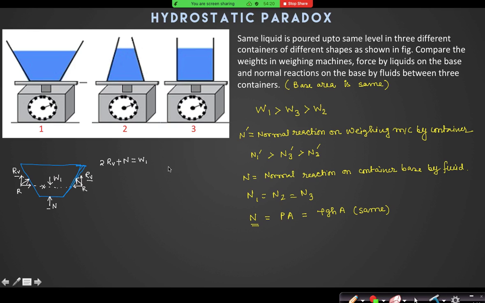Just like the second figure, if you draw the free body diagram of the second liquid, what forces will you show? W2 is downward, normal reaction is upward, and these two reaction forces are there.